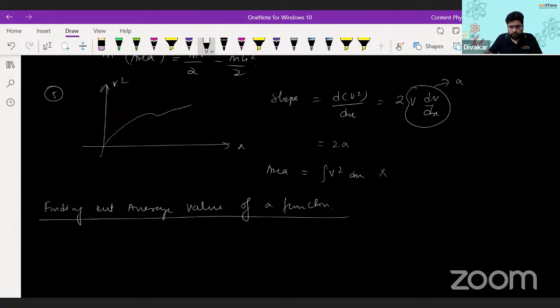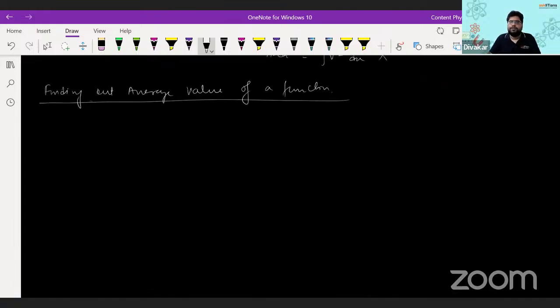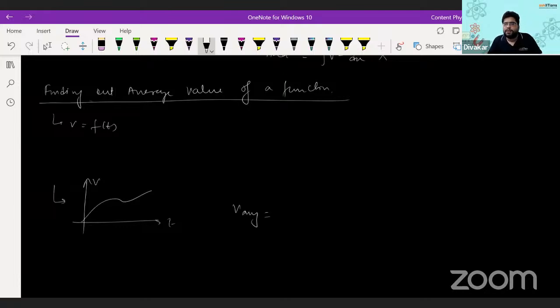Now, whenever they say average value, they can give you a question in two categories. Number one, they will say velocity as a function of time is given, and you want to find out the average velocity. And second, sometimes they give you a velocity versus time graph, and they ask you what is the average velocity. So understand this thing. If I want to find out average velocity using a graph, I need to know the displacement first. And displacement is basically the area under the graph.